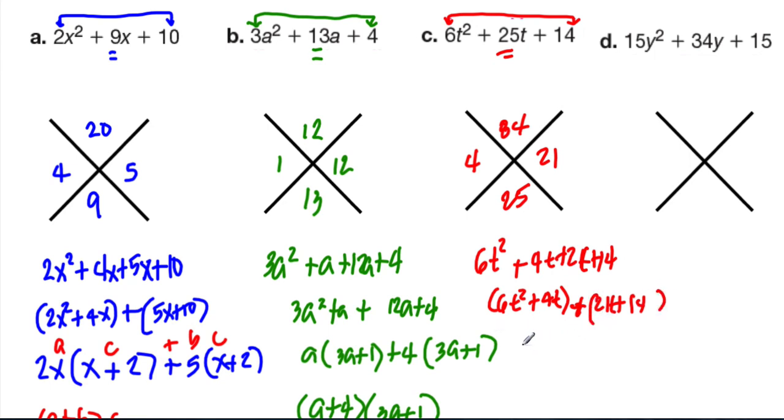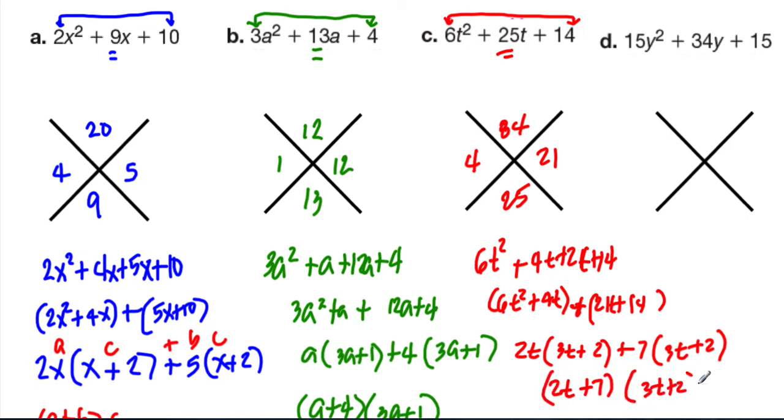Factor out 2t, I end up with 3t + 2, and I factor out 7. I end up with 3t + 2. Then, use the same method, I end up with (2t + 7) using the distributive property times (3t + 2).